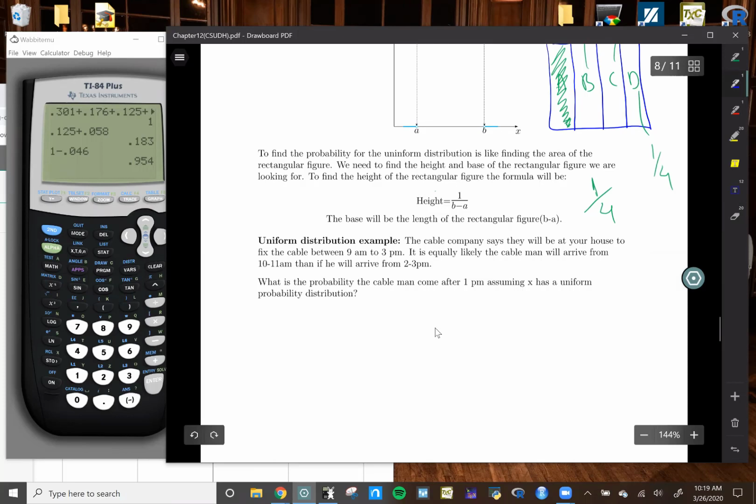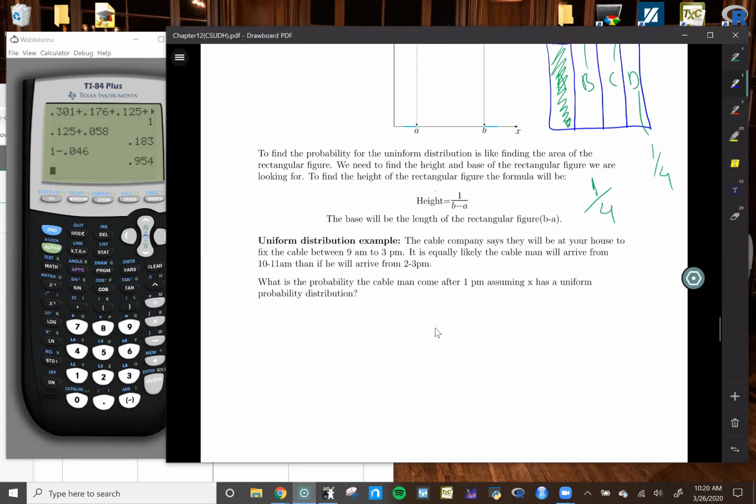For this one, the cable company said they will be at your house to fix the cable between 9 a.m. and 3 p.m. It is equally likely that the cable man will arrive from 10 to 11 a.m. as from 2 to 3 p.m. The question asks: what is the probability the cable man comes after 1 p.m., assuming X has a uniform probability distribution?